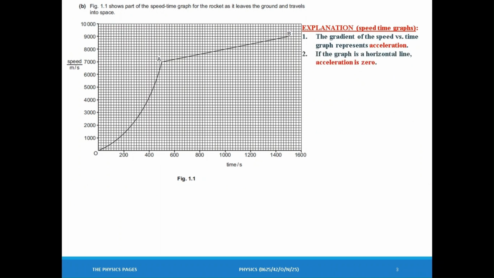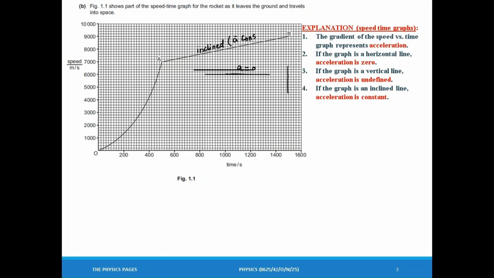If the graph is a horizontal line, then the acceleration will be 0. If the graph is a vertical line, acceleration will be undefined. But if the graph is an inclined line, like A to B, this inclined graph shows that the acceleration is constant.